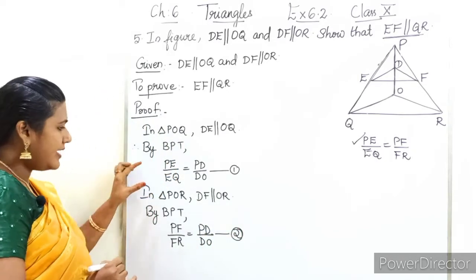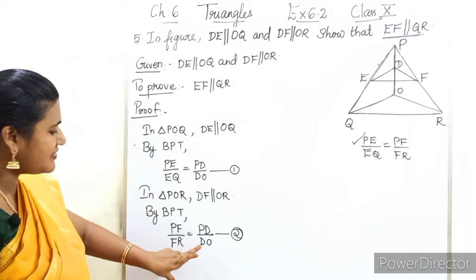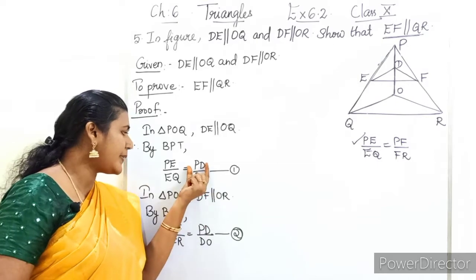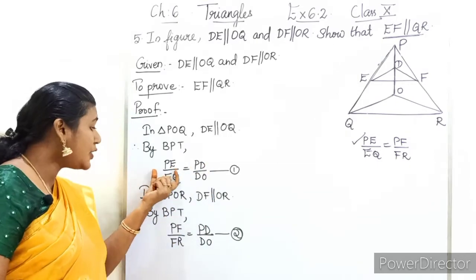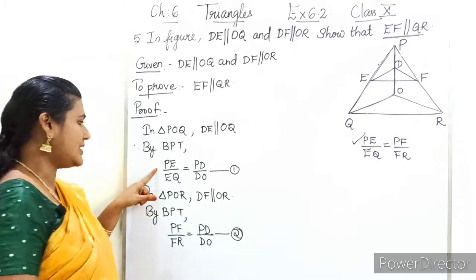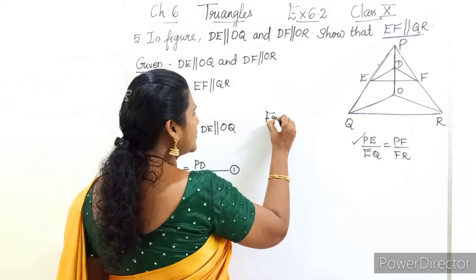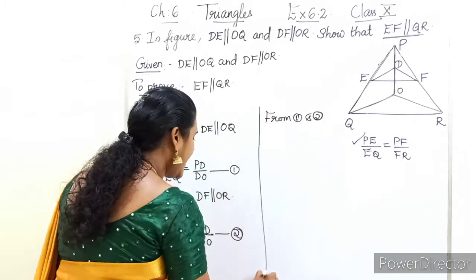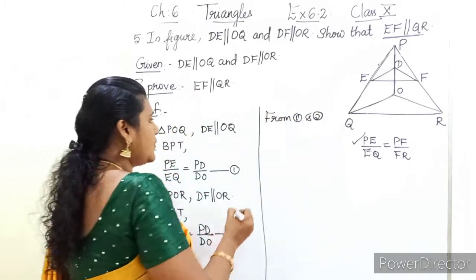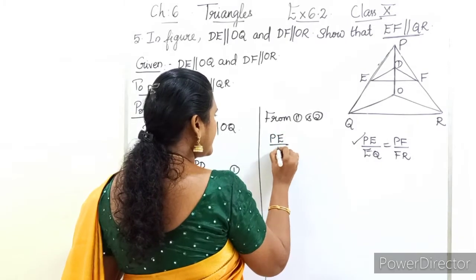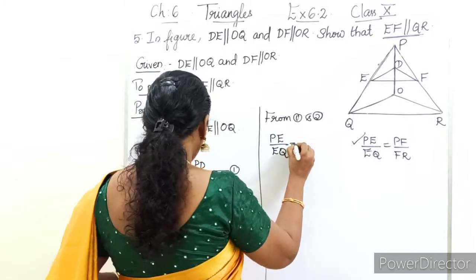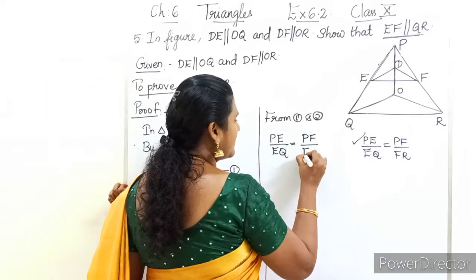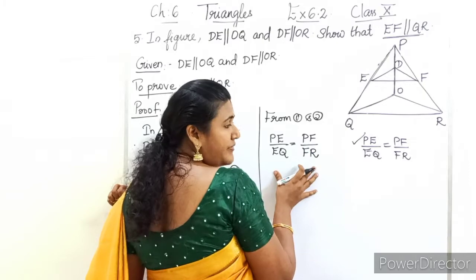Now you check here, in both these two equations we have the same RHS. So both the equation we have RHS is PD by DO. So we can equate the left side expressions. So from equations 1 and 2, we can write PE by EQ is equal to PF by FR. Actually, this is what we have to prove.